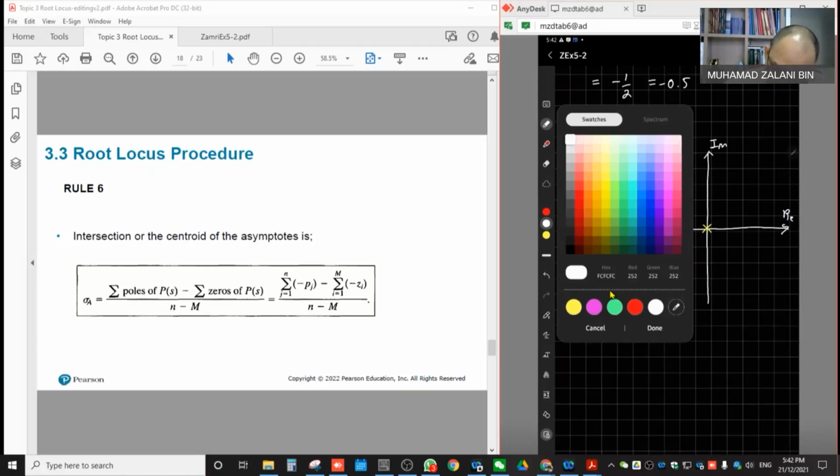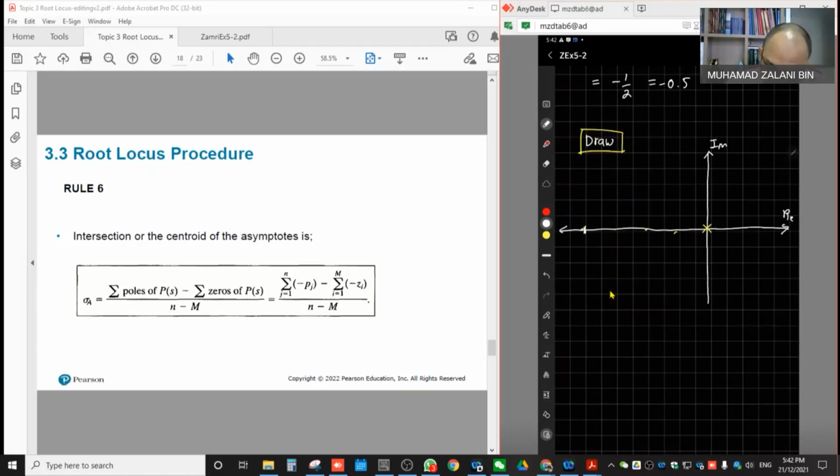Let's say I use white color here. This is -4, -3, -2, -1. All right. So I'm going to draw the poles at -4 and 0. So that is the pole at -4, and I have a pole also at 0.